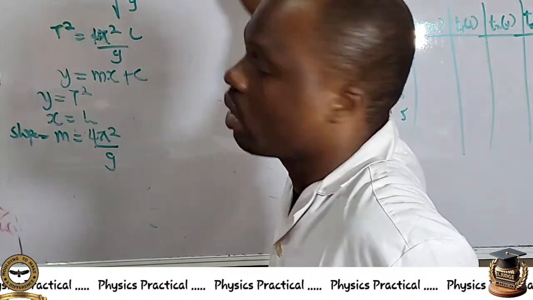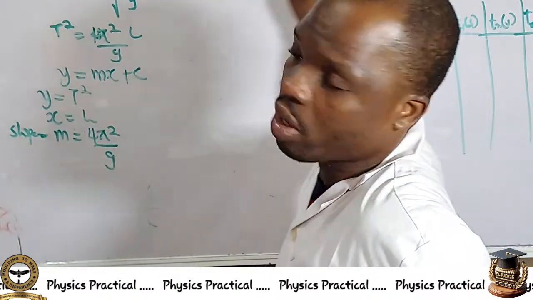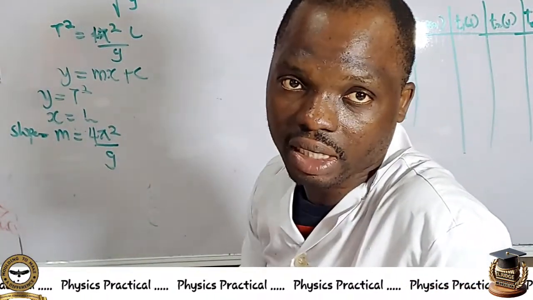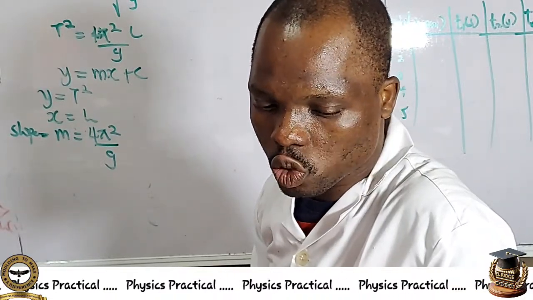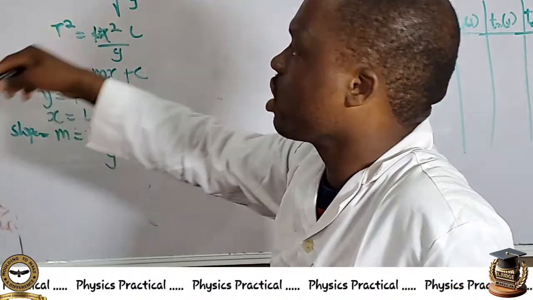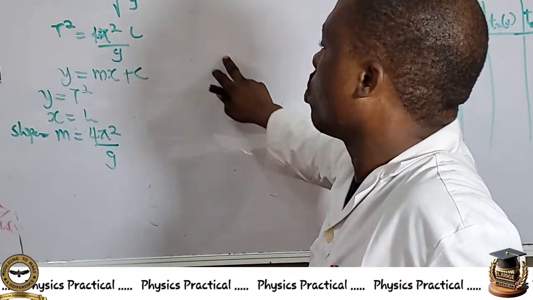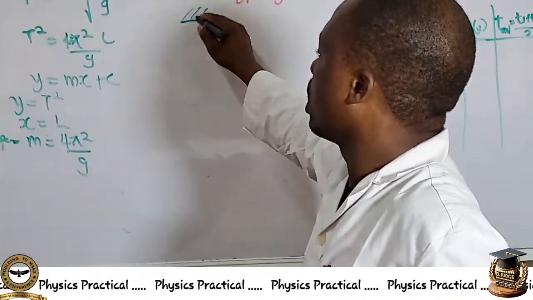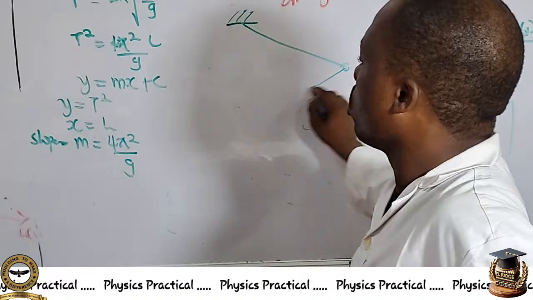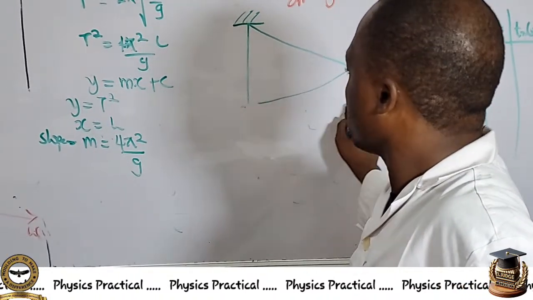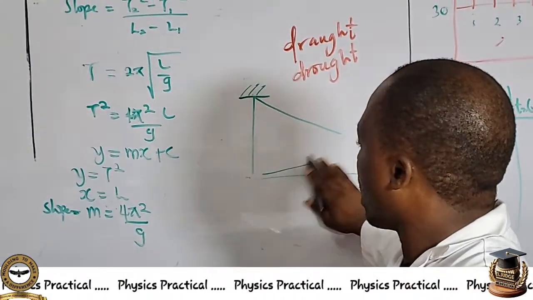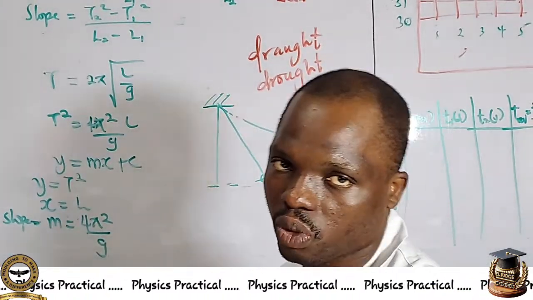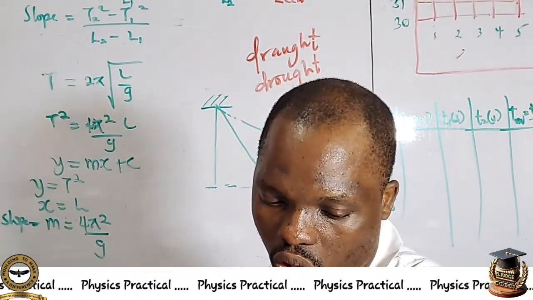Even if you don't get anything on precaution, because you have recorded T1 and T2 twice, you have 1 mark for that. Then small angular displacement: when you want to set your pendulum into motion, you take your pendulum this way. This is too much of an angle. It's just a slight displacement from the rest position, and allow it to oscillate.